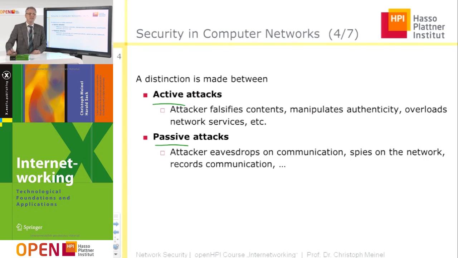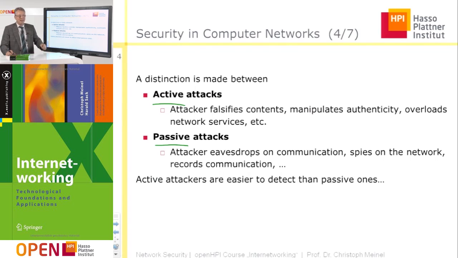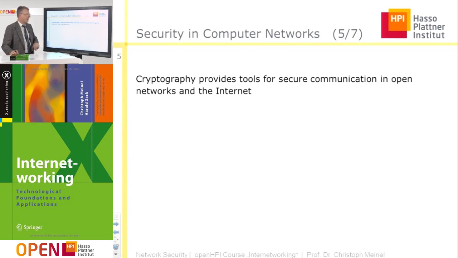So he is eavesdropping on the communication, spies out the network, records communication of other persons, but he is not actively doing something. So of course, due to this characteristic, the active attackers are easier to detect than the passive ones, because the passive are doing nothing. The active, they do something. They become active in the network. So by means of security methods, one can much more easily detect the active attacks than the passive ones.